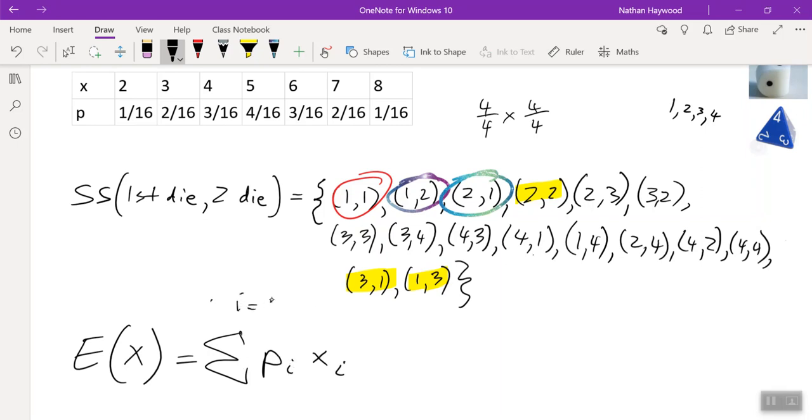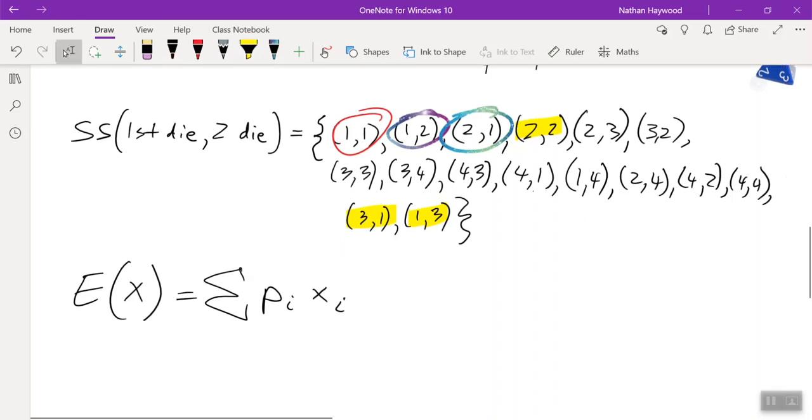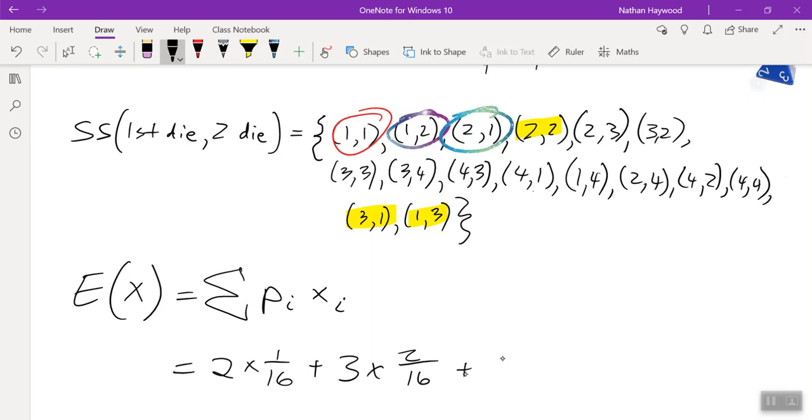So you do i equals 1, i equals 2, etc. It'll look something like this. 2 times 1 over 16 plus 3 times 2 over 16 plus 4 times 3 over 16, all the way to 8 and its corresponding probability.